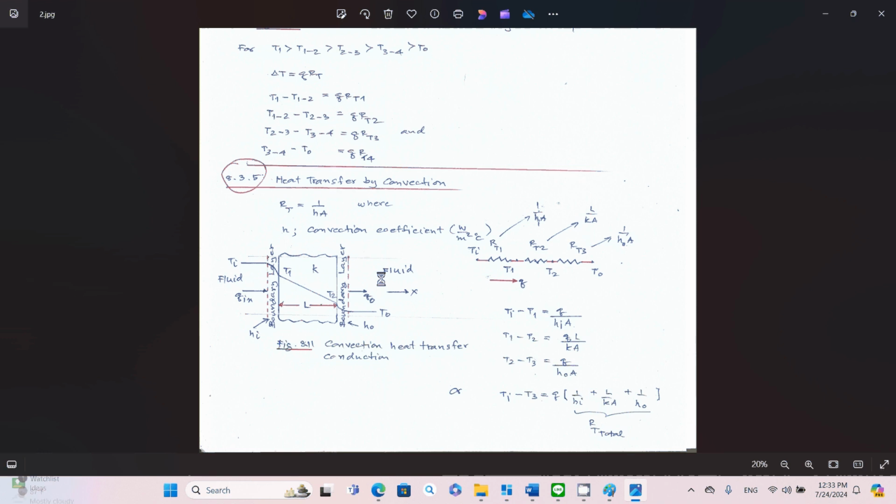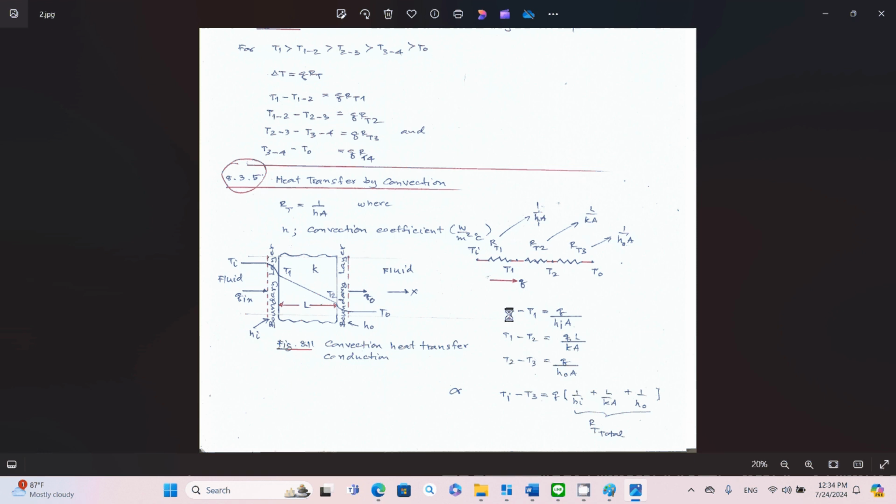So you have three thermal resistors connected in series. You have RT1, RT2, and RT3, where RT1 is the heat transfer by convection, as well as RT3. But RT2 is the heat transfer by conduction.